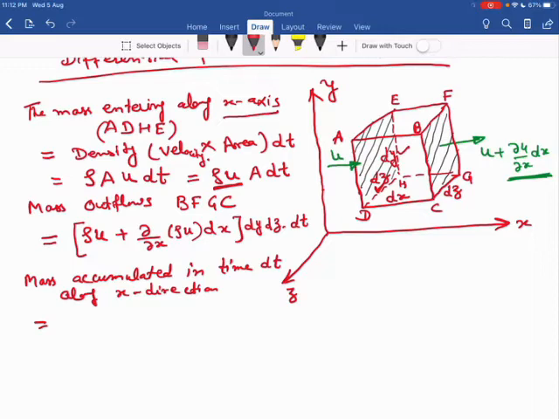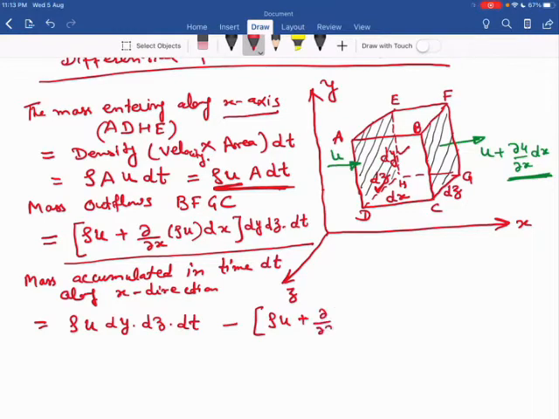Mass entry is rho u into dy dz into dt, minus rho u plus curly by curly x of rho u dx into dy dz into dt.